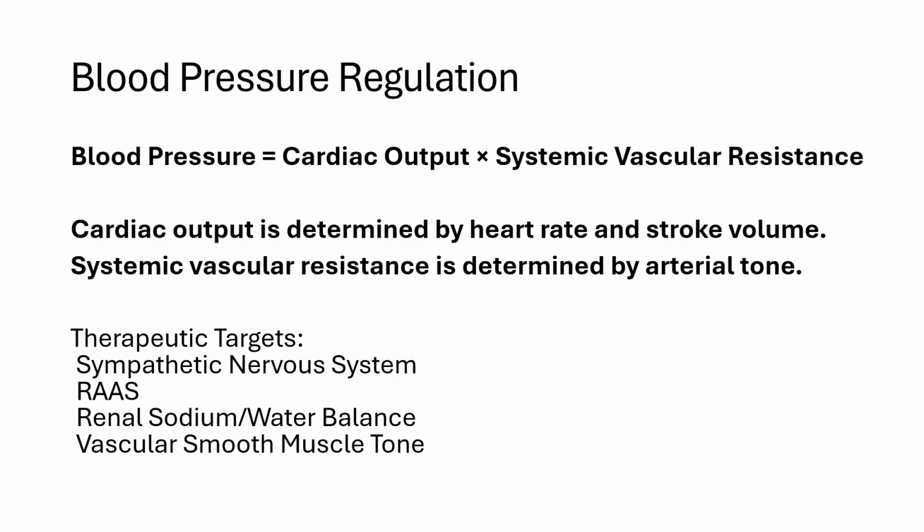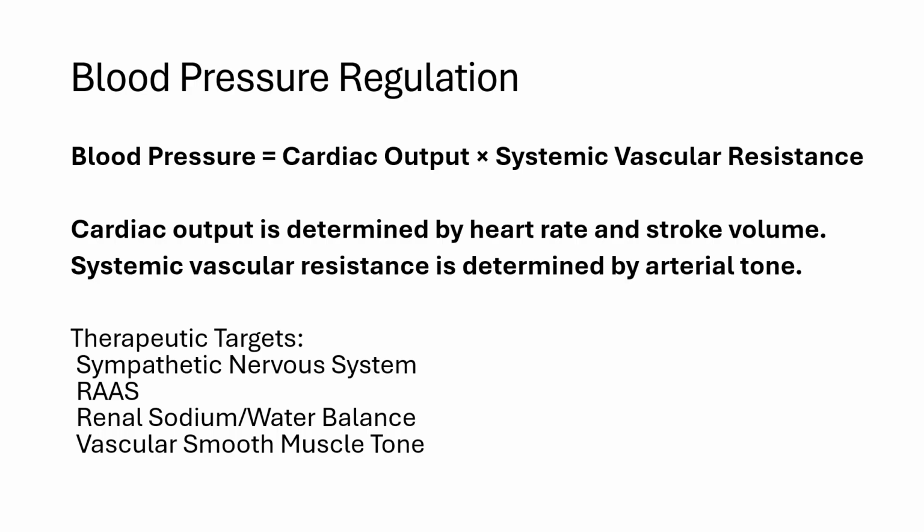There are 4 major therapeutic targets that medications use to modify blood pressure. For the sympathetic nervous system, drugs that block beta receptors or alpha receptors reduce heart rate, contractility, and vasoconstriction. Second, the renin-angiotensin-aldosterone system. ACE inhibitors and ARBs interrupt this pathway to reduce vasoconstriction and sodium retention.